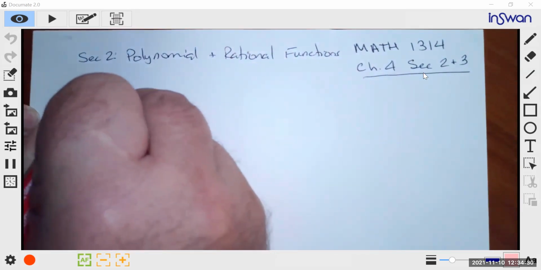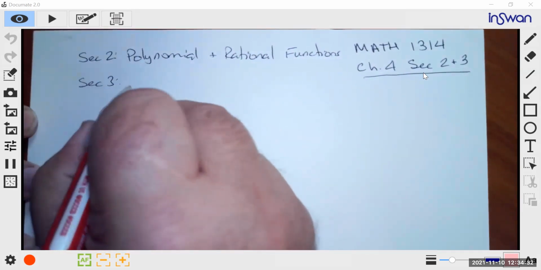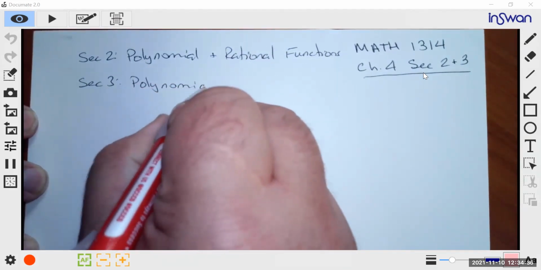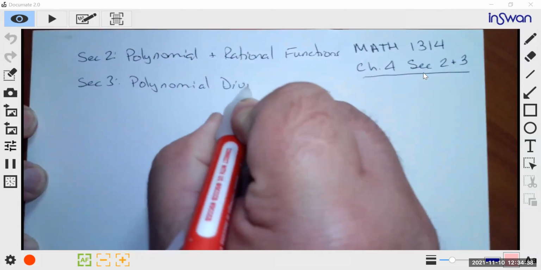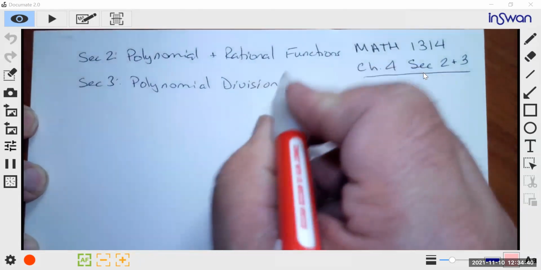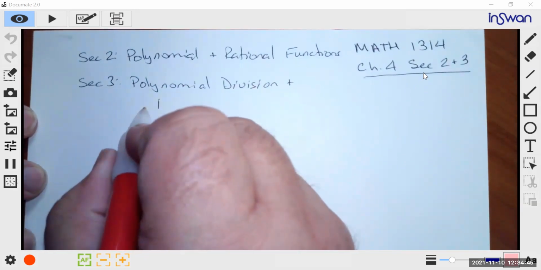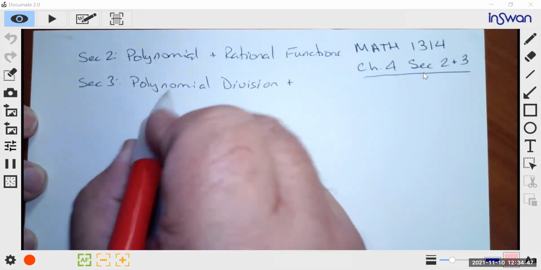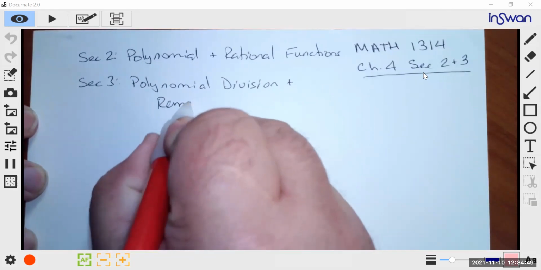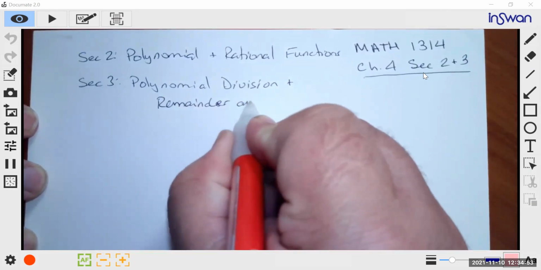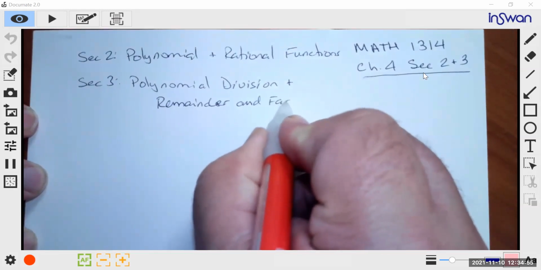And section 3 deals with polynomial division. And it discusses the remainder theorem and the factor theorem.